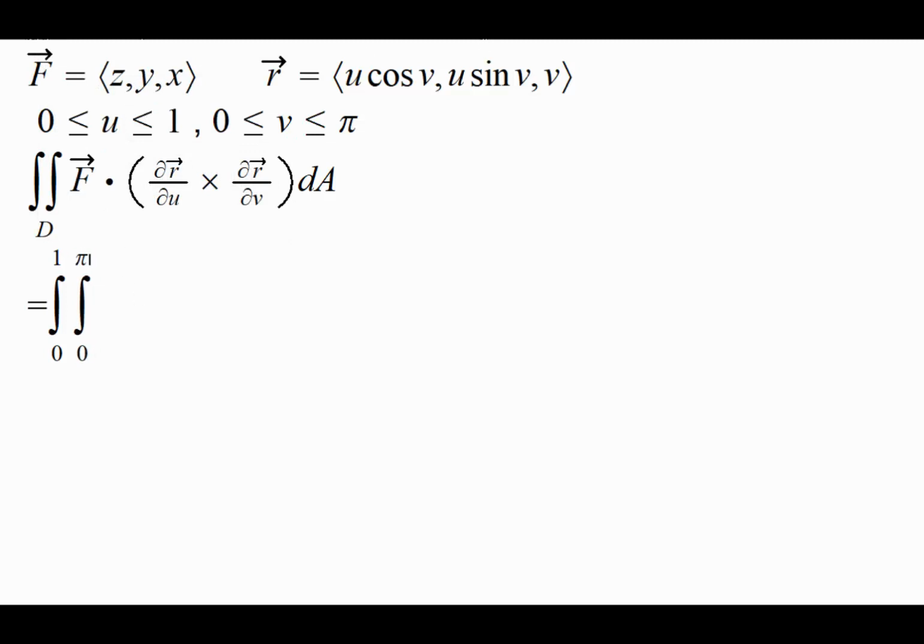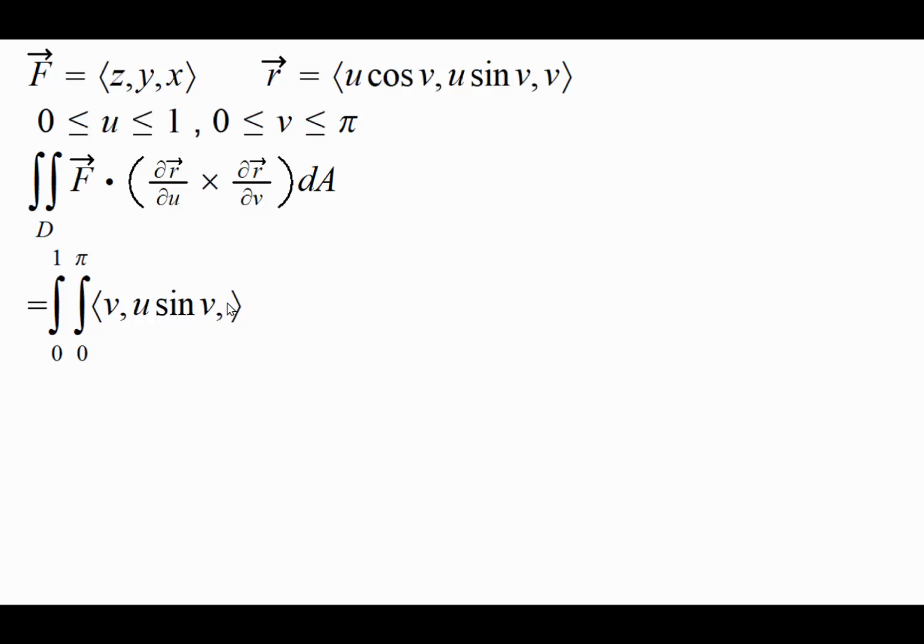I'm writing them slowly so that hopefully you understand it better. So z is v, y is u sine v as we move along the surface, because we are going to take the values of F along the surface, and x is u cosine v.